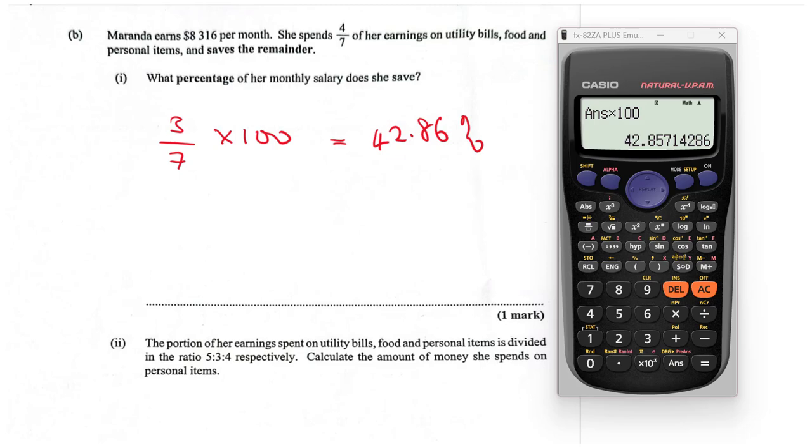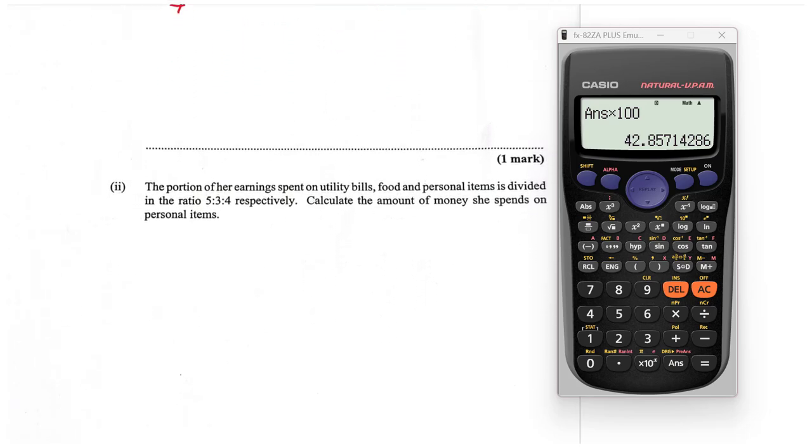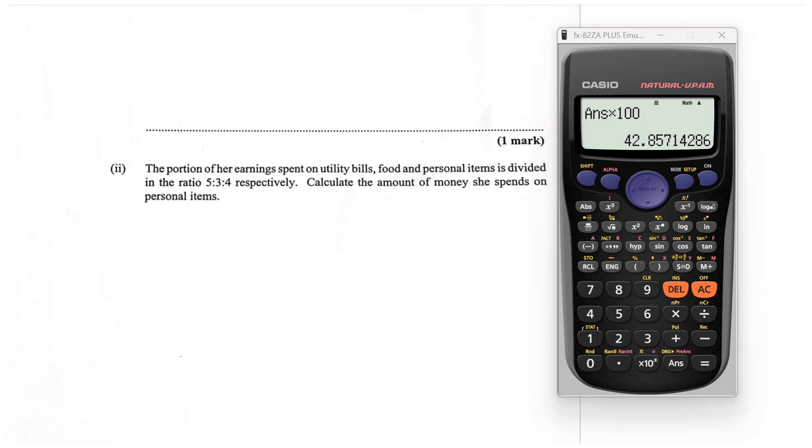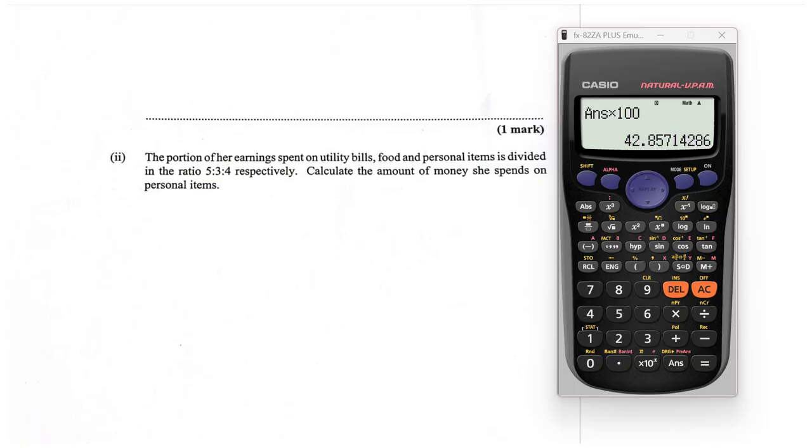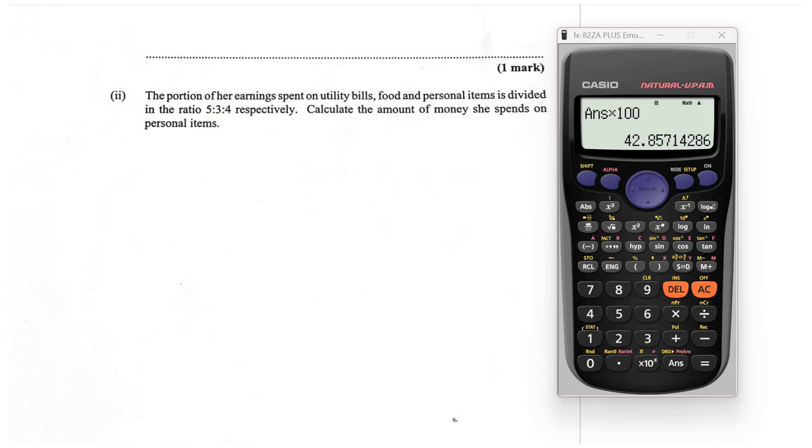So that's 1 mark. Now it says part 2: the portion of her earnings spent on utility bills, food, and personal items is divided in the ratio 5:3:4 respectively. Calculate the amount of money she spends on personal items.